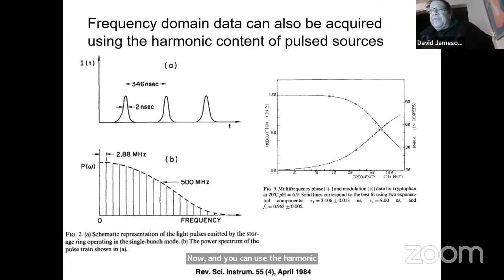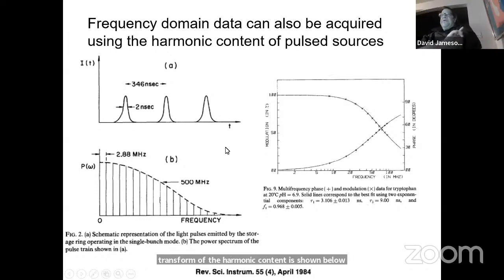Here we see, I think this is on the storage ring. Well, it's either Wisconsin or Italy. I don't remember anymore, but probably Italy. That's right. But you can see we could do the Fourier transform, and the harmonic content is shown below here, and that generates all the frequencies, okay?